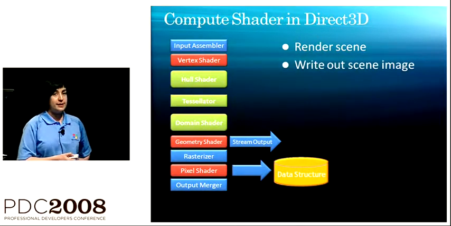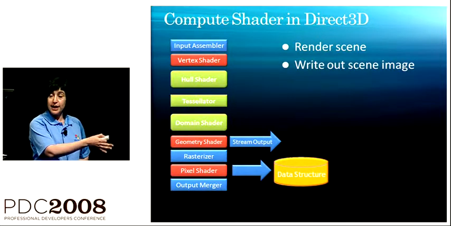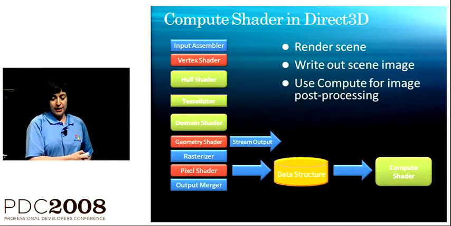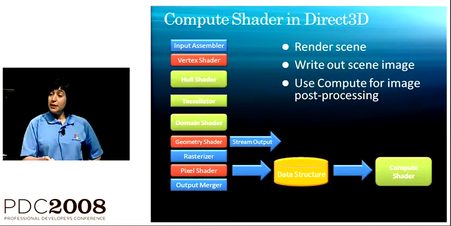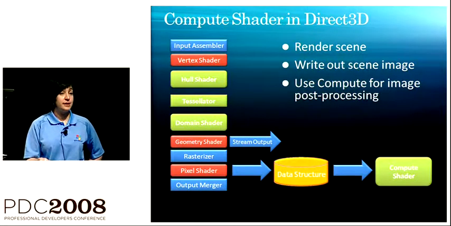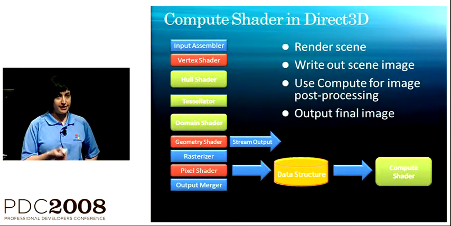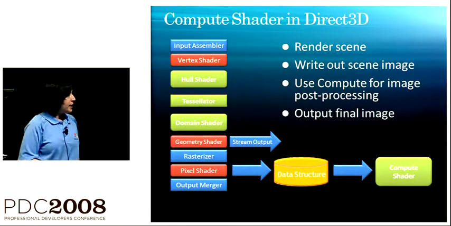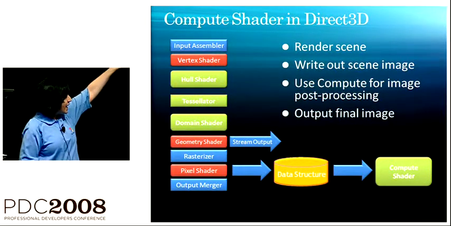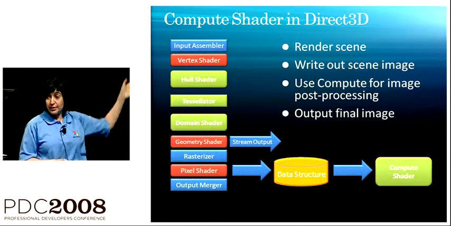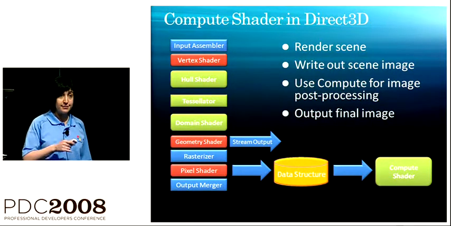Then we write that scene image out to some data structure. Then we put that over in the compute shader, and maybe we use it for image post-processing. And then if you wanted to, you could output the final image. This is an example scenario. Note that the compute shader is not a stage that runs sequentially within the pipeline. It's its own thing.